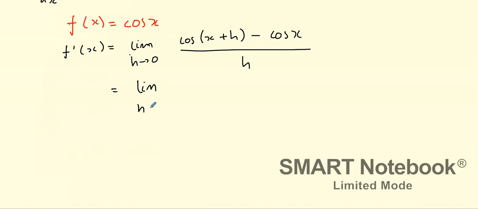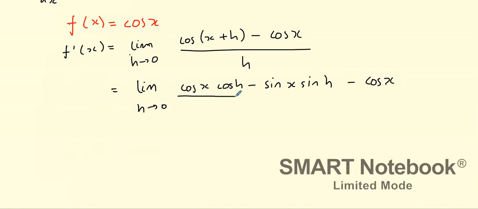So the limit as h tends to 0 of cos x cos h minus sine x sine h, minus cos x, all over h.